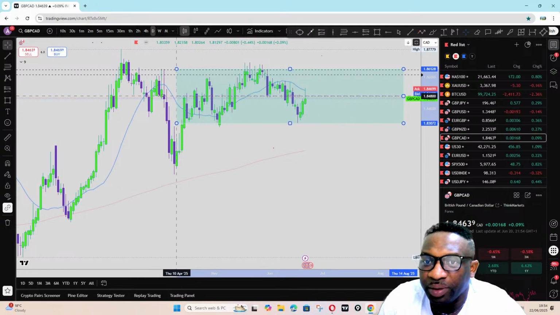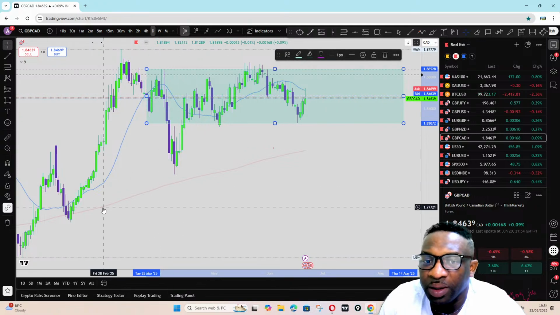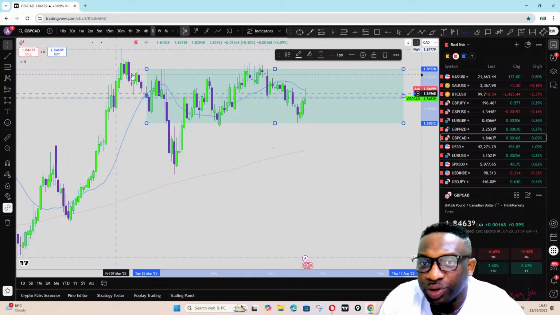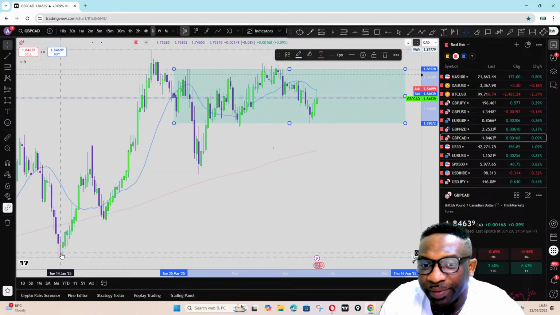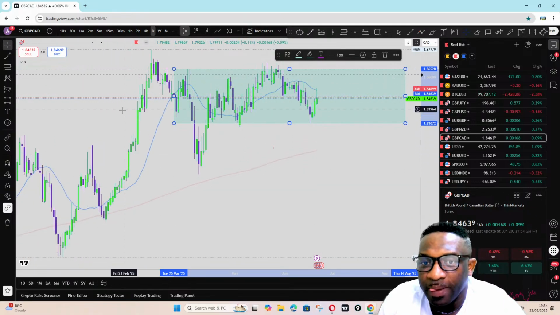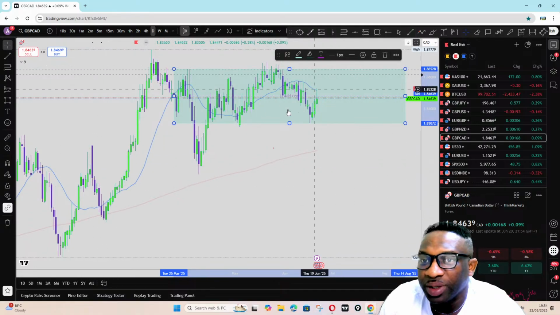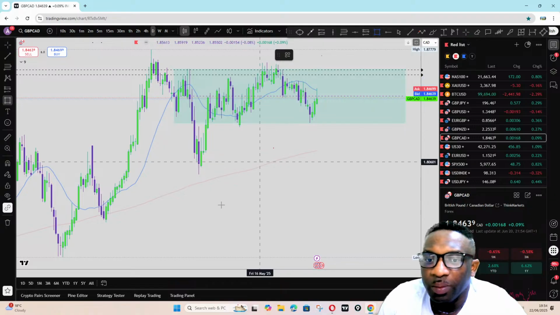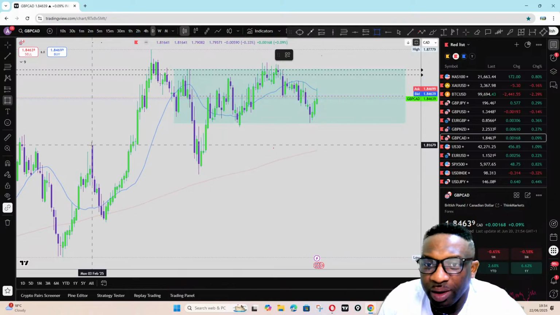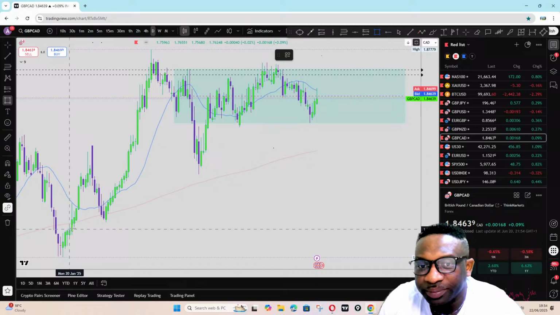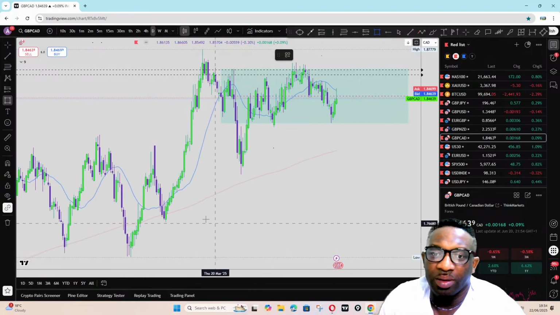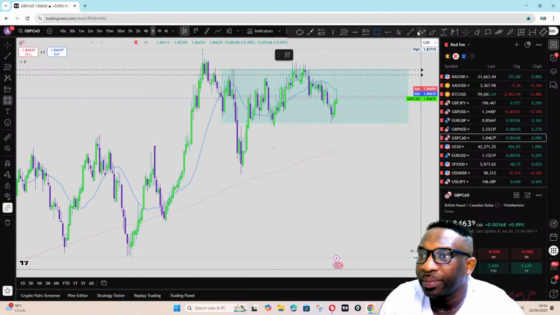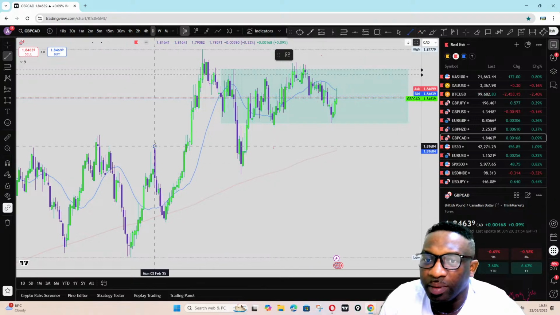Moving up further, we had this big push up, this upward trend here. So we had the same thing that we're talking about here. We had a break of structure right here, and a break of structure right here.